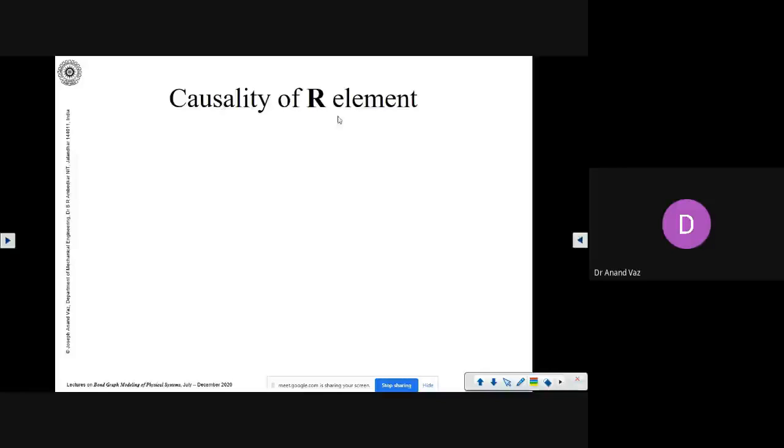So causality of the R element, that's the next topic that we will take. Here we have the R element, and it's an electrical element. So we are going to use the Ohm's law relationship.